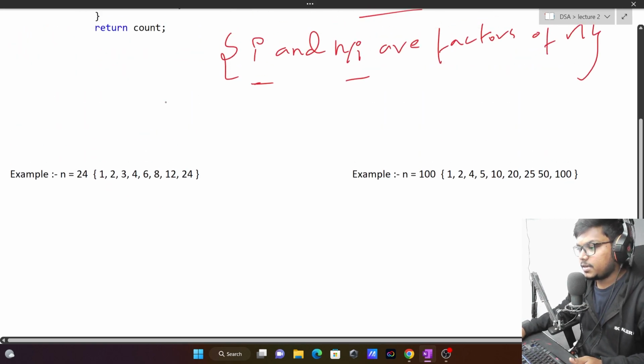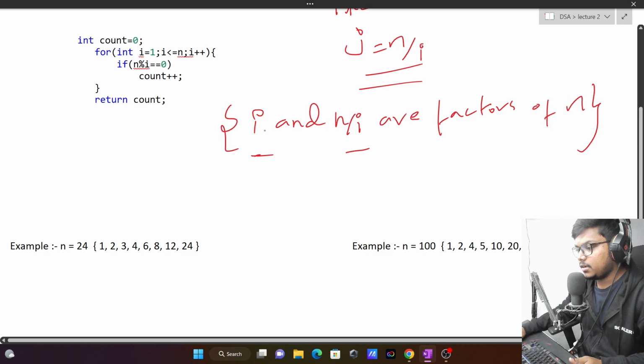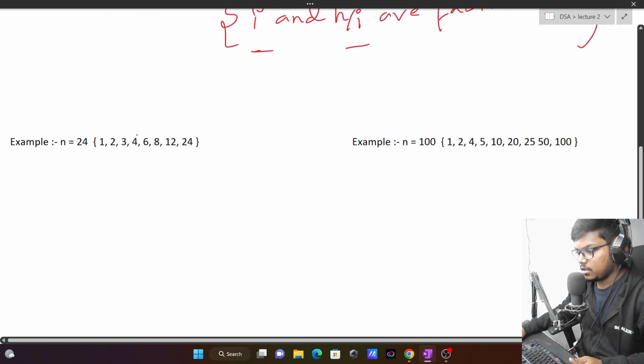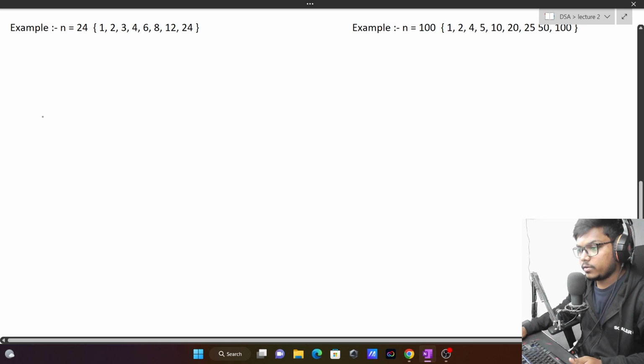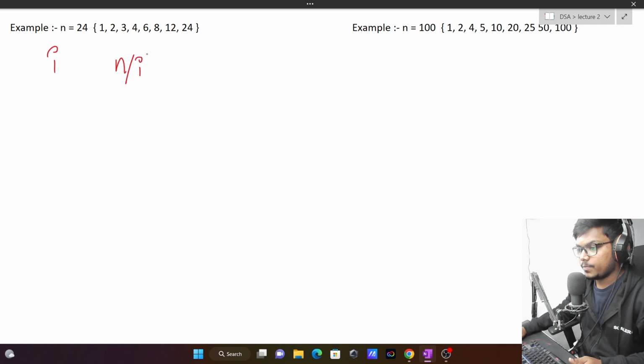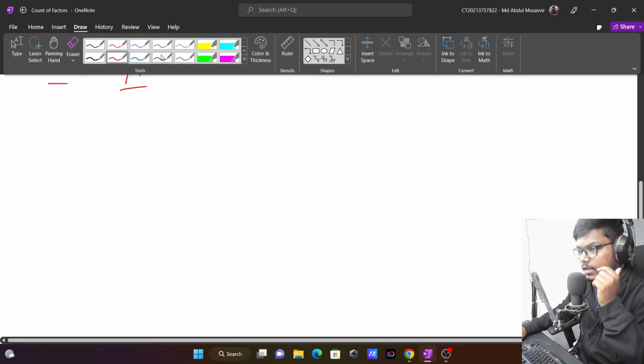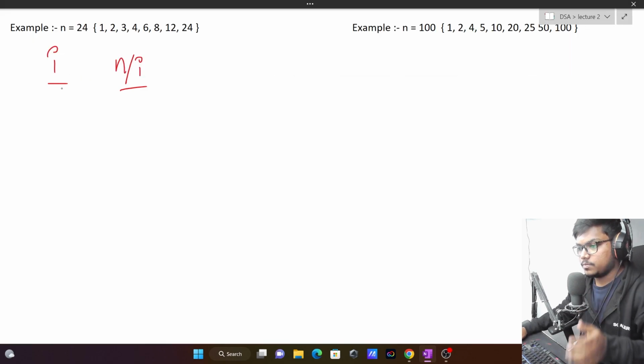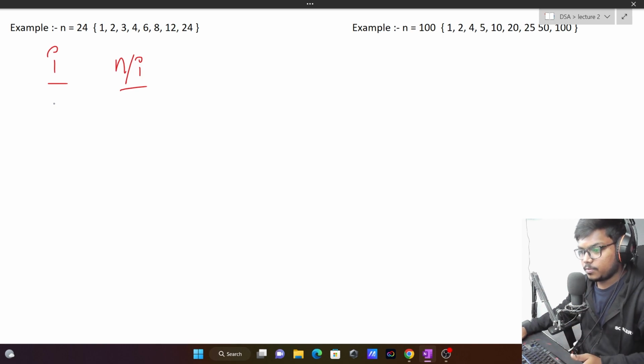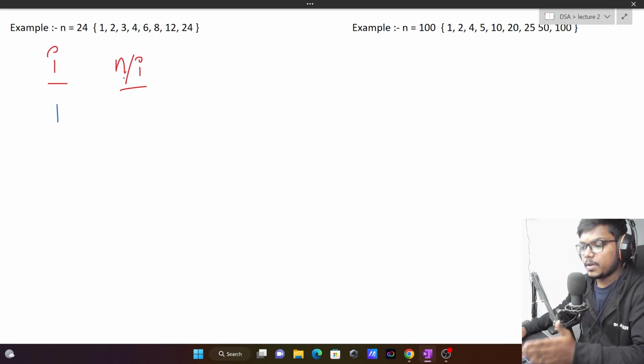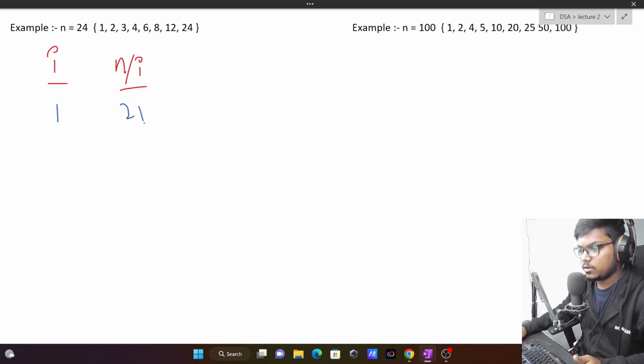As we said, I'm stating that i and n by i are factors of n, right? Now we'll take i, and we'll take n by i. Taking 24, what are the factors of 24? Basically, 1 is a factor. What will n by i be? n by i is 24 by 1, so it will be 24.